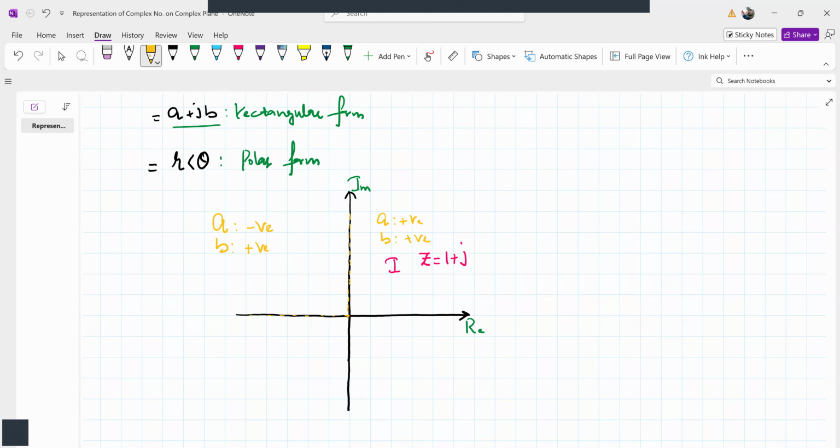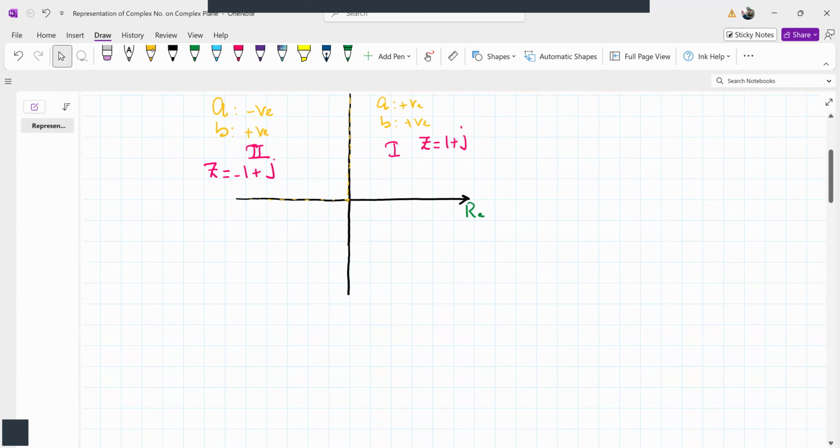Then this complex number will lie somewhere here, and this is referred to as the second quadrant. For example, z is simply -1 plus j, a is -1, b is +1. So the complex number will lie in the second quadrant.